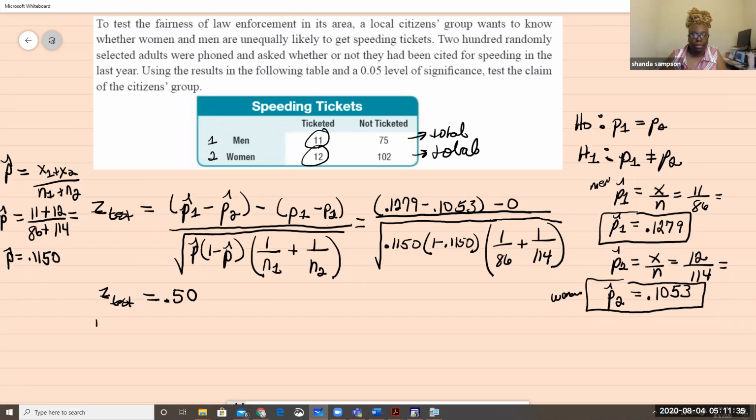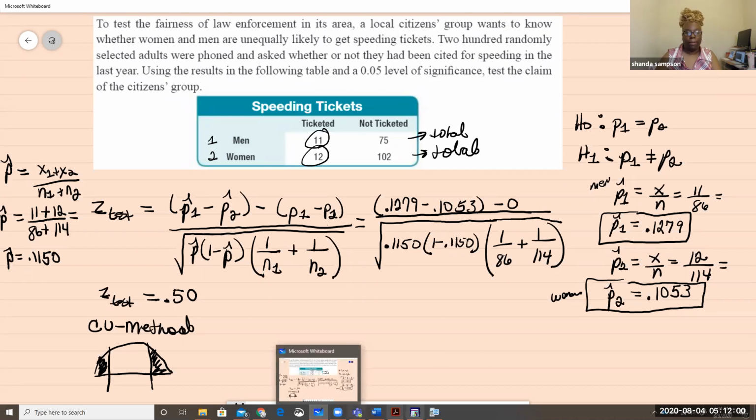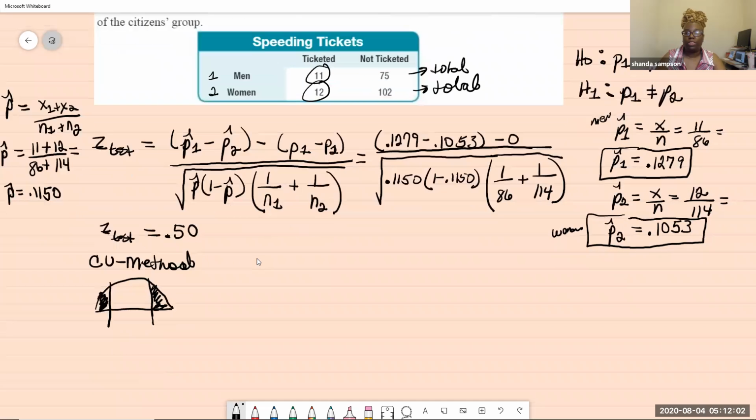And we go back, if we're going to do the critical value method. All right, now critical value method, remember now we have what? This is a two-tailed test. So you're looking for the critical value to the right or to the left. It doesn't matter. Either one of these will be in the rejection region. The middle region is the fail to reject region, okay? So the critical value method, and what was our alpha?